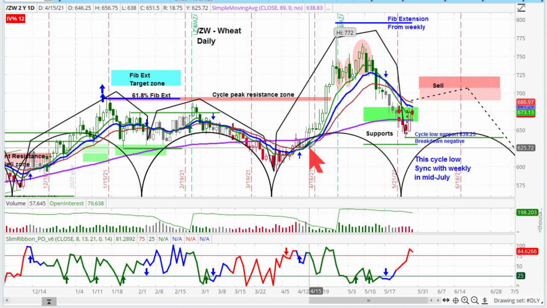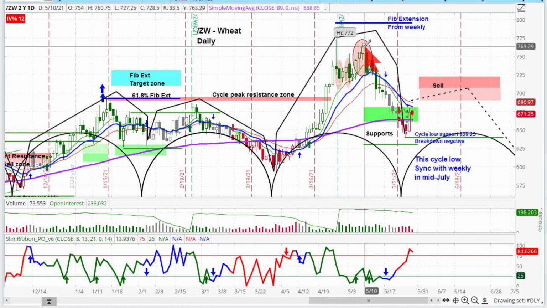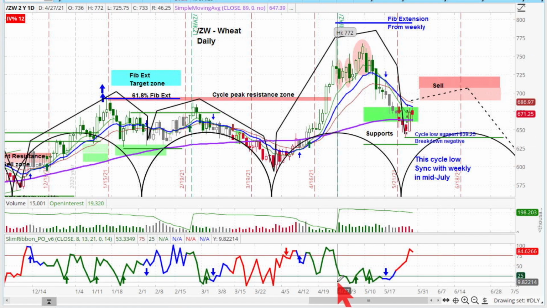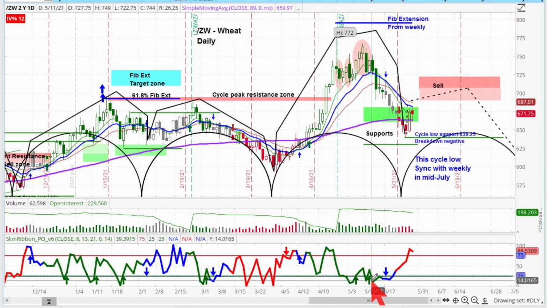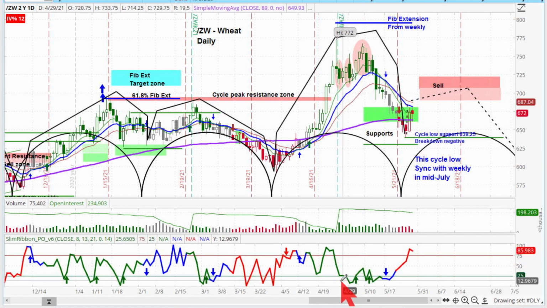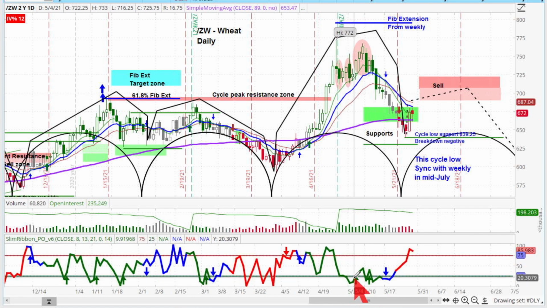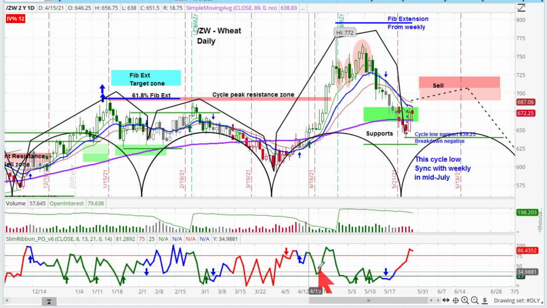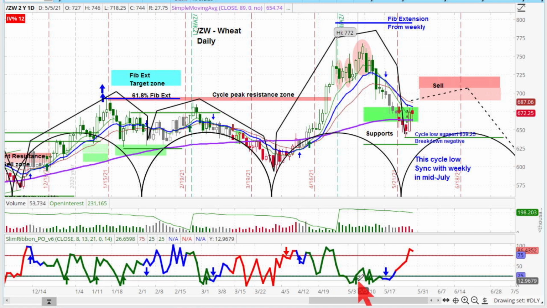You see right over here where it turned up, that green arrow says momentum is up. The wheat price was at about 643 at the time, and it rallies all the way up here to 772. Note the Slim Ribbon PO, the signal indicator for the momentum, giving these positive signals right here and turning green, as you can see right there, where you would only really consider long side trades.